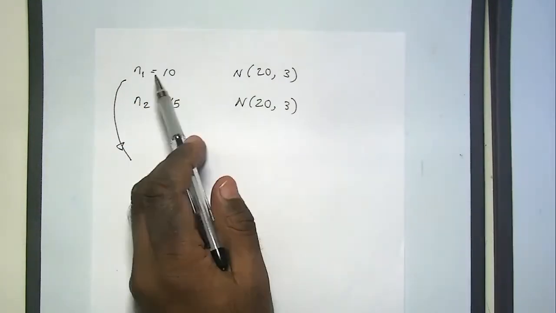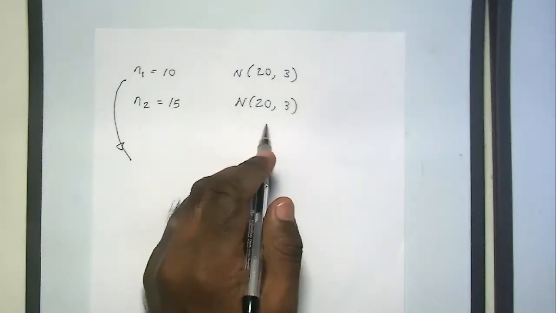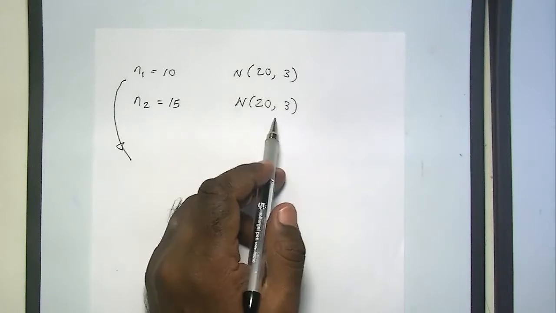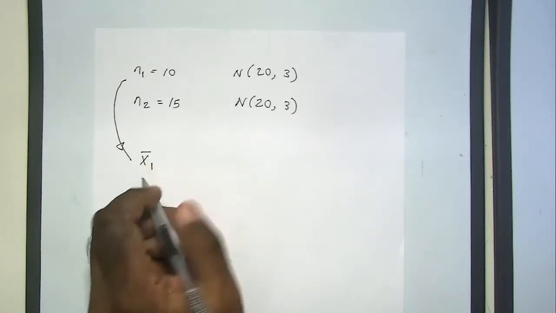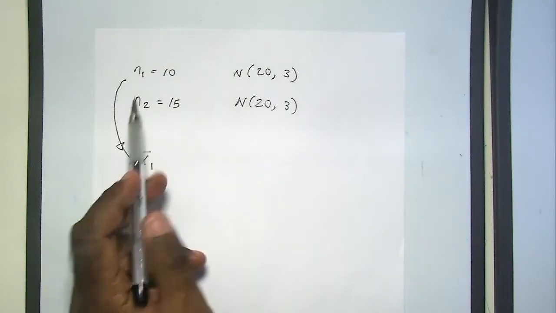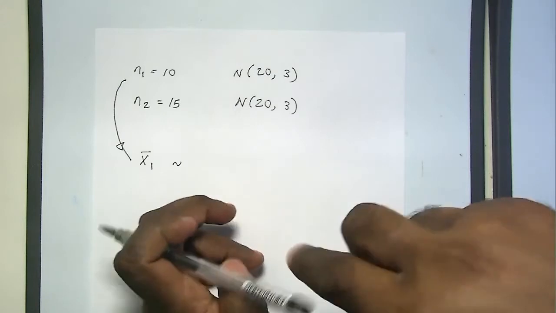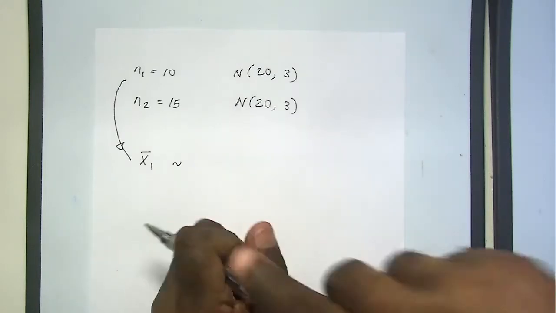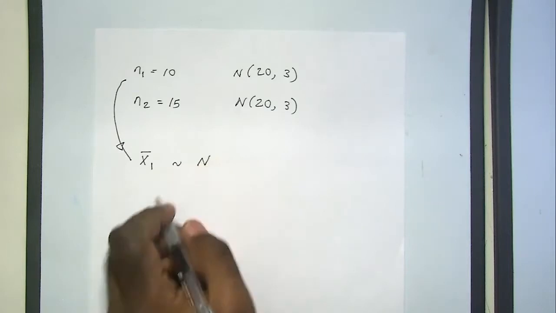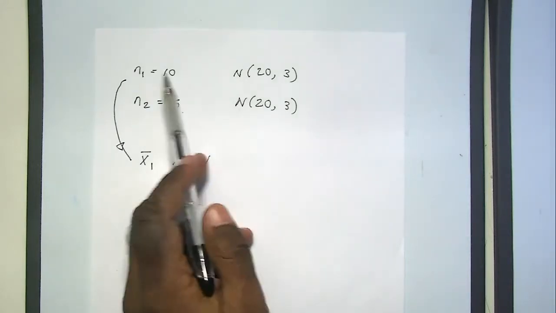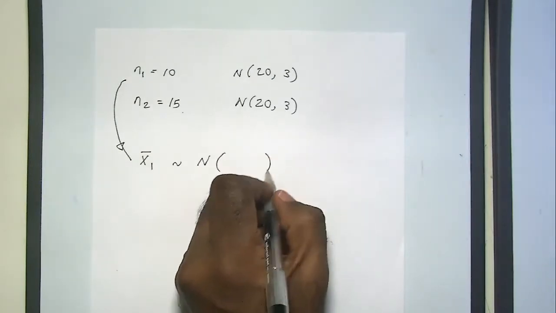You have one random sample of size 10 from a normal distribution and another random sample of size 15 from the same. Now let x bar 1 denote the sample mean for this. What distribution will this have? Again, checking your memory, guys. If x bar 1 denotes the sample mean of the first sample, it will have normal with what?